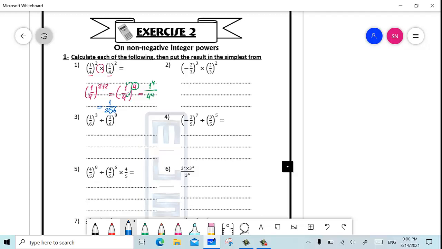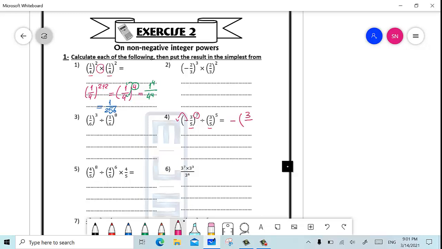Negative 3 over 5 all raised to the power of 7 divided by 3 over 5 to the power of 5. Again, here I have the same base. I have a negative number raised to an odd power, so the negative is going to go outside. Same base, and I'm dividing, so I'm going to subtract powers. This is going to equal negative, because we said the negative is going to go outside since I have an odd power.